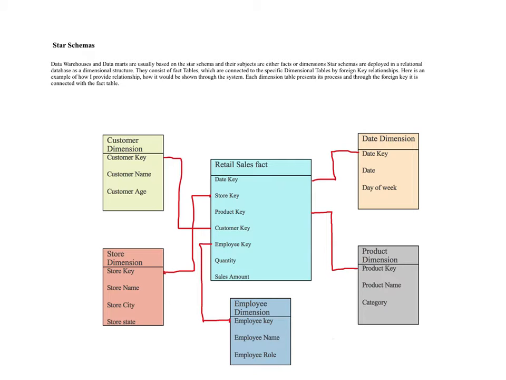For example, we have the customer dimension. We connect the customer key from the retail sales fact to the customer key. Let's move to the date dimension. As you see on the first row, there is a date key which is connected to the date key from the retail sales fact. And the same continues with the other dimensions too.